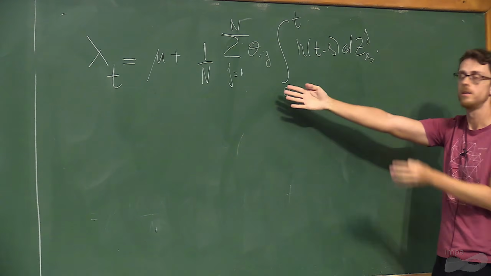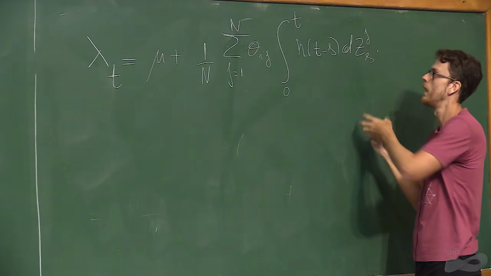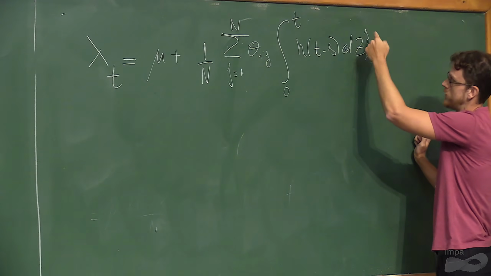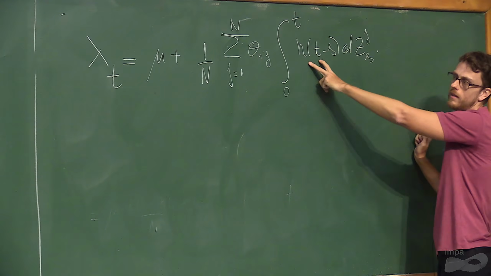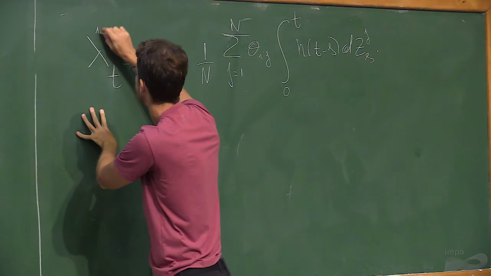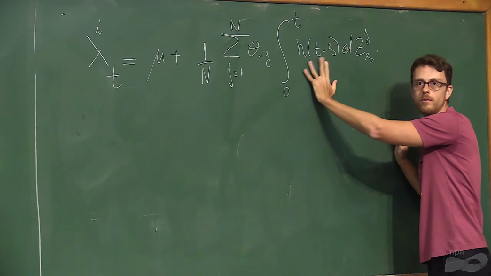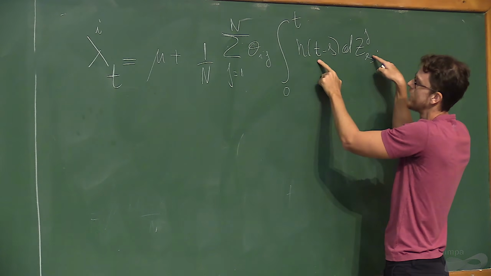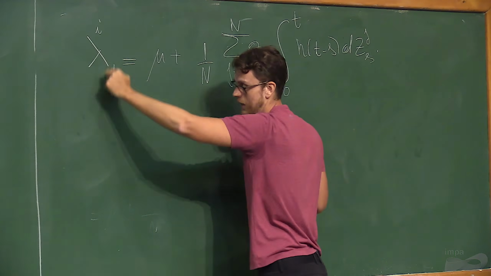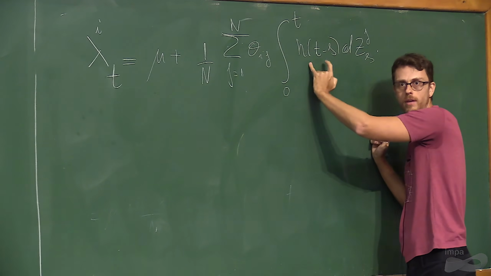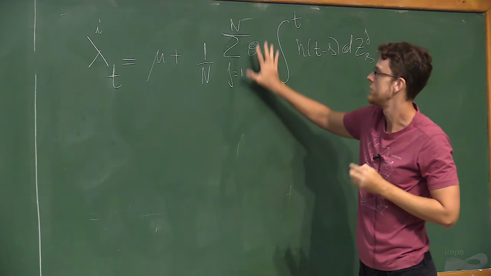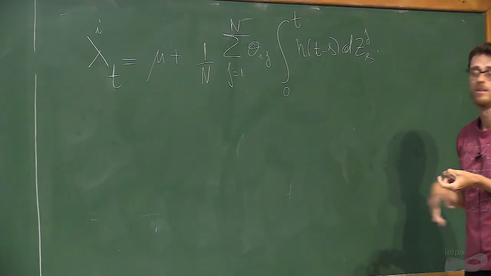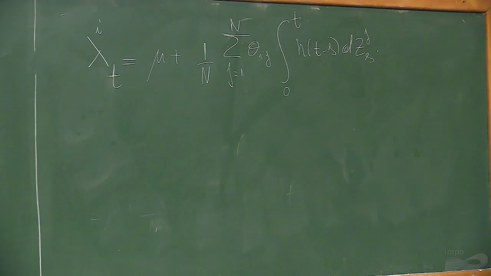And in their case, they consider exactly this form. Each time you observe a jump for the point process j, it increases the intensity for i by a quantity h, which jumps at time j, and then what it gives to vertex i at time t depends on the difference, and this is a function h of the difference. And then they have something very similar here to the graph, right? But in their case there is no inhibition; it's just excitation.